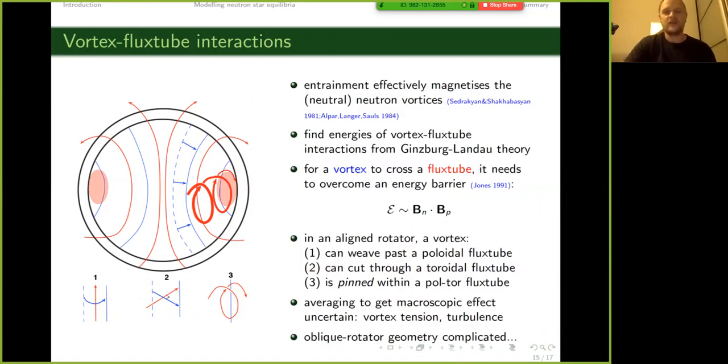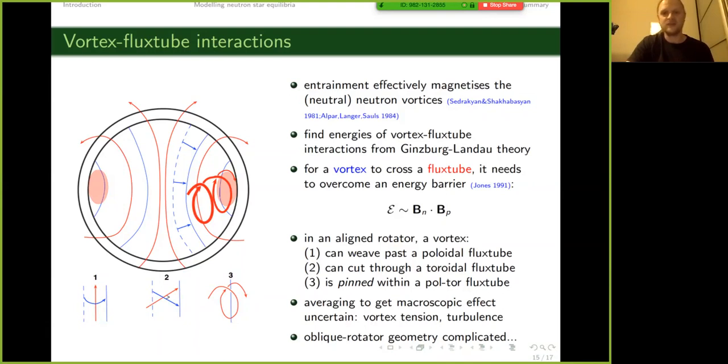So we now have a magnetic field on the protons and a magnetic field on the neutrons. And you can find the energy of a vortex-fluxtube interaction, so an intersection between a vortex and a flux tube, from an energy expansion, which is basically directly from the Ginzburg-Landau expansion.